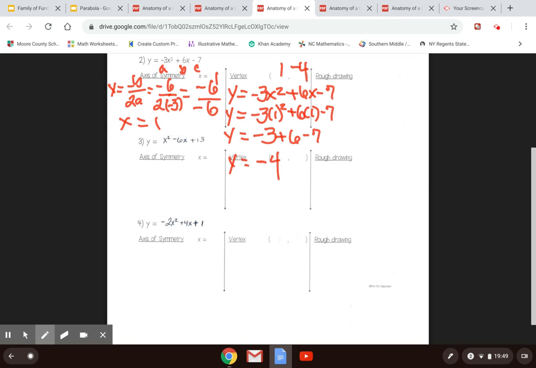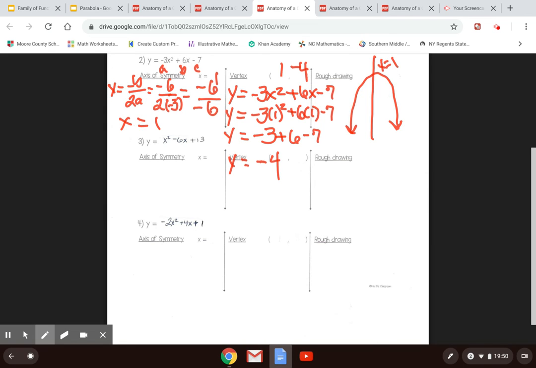So when I go to make a drawing of this particular parabola, I need to notice that my a value is negative. So that means it's going to open downward. My axis of symmetry is going to be the line x equals 1.